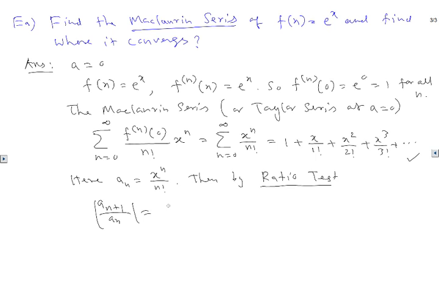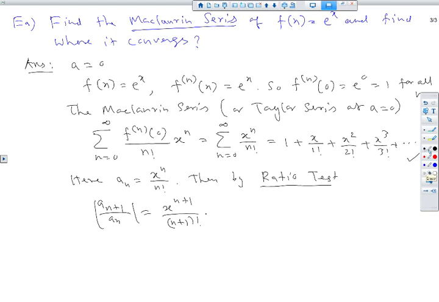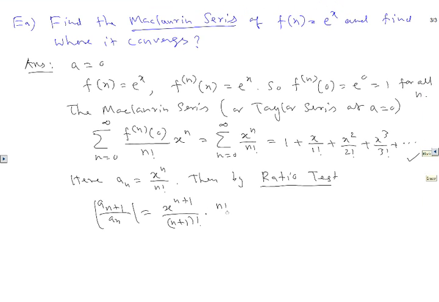So it's x to the n plus 1 over (n plus 1) factorial. Make it upside down and multiply, because we're dividing fractions. So upside down multiplies n factorial over x to the n. You can expand (n plus 1) factorial as n plus 1 times n factorial, so those get cancelled. x^n gets cancelled, so you simply end up with x over n plus 1.